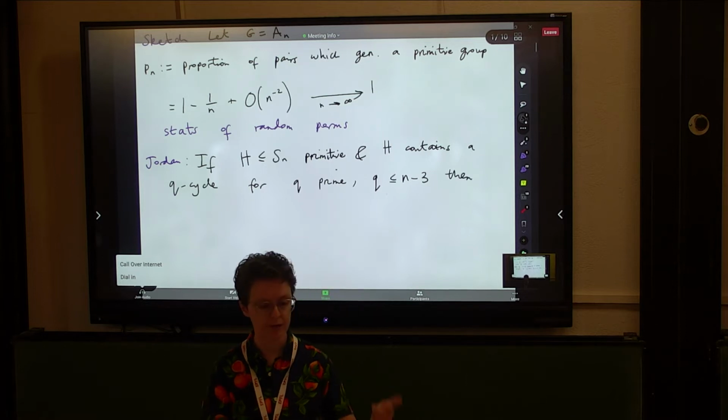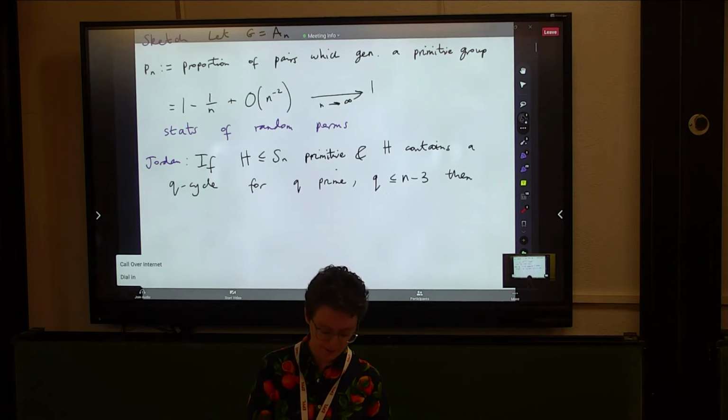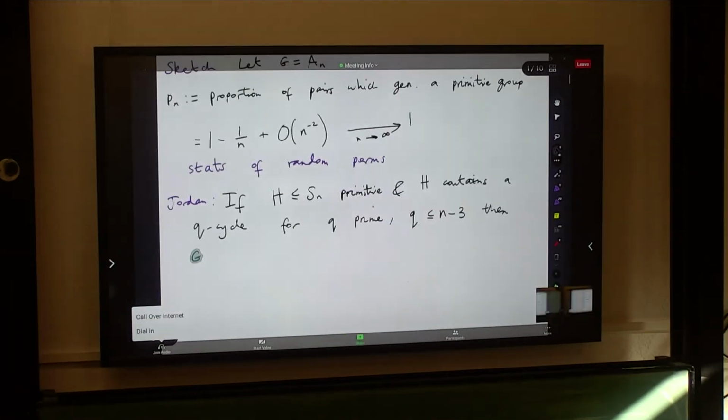So if I know I'm primitive and I contain this Q cycle, then H has to be alternating or symmetric.